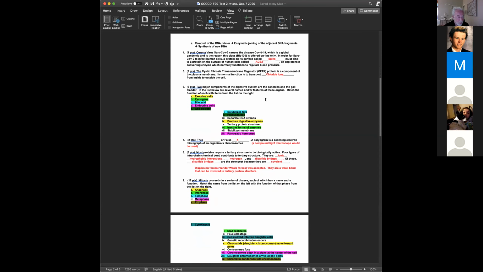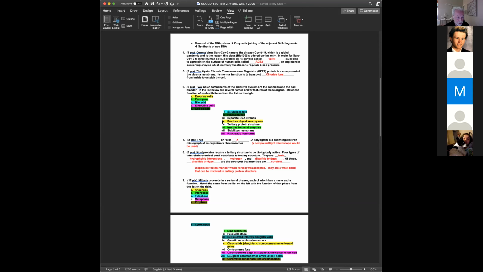Then the next question is about the digestive system, which we went over in some detail, having to do with cystic fibrosis. And I ask you to match up the features on the left with items from the list on the right. So exocrine cells produce digestive enzymes.